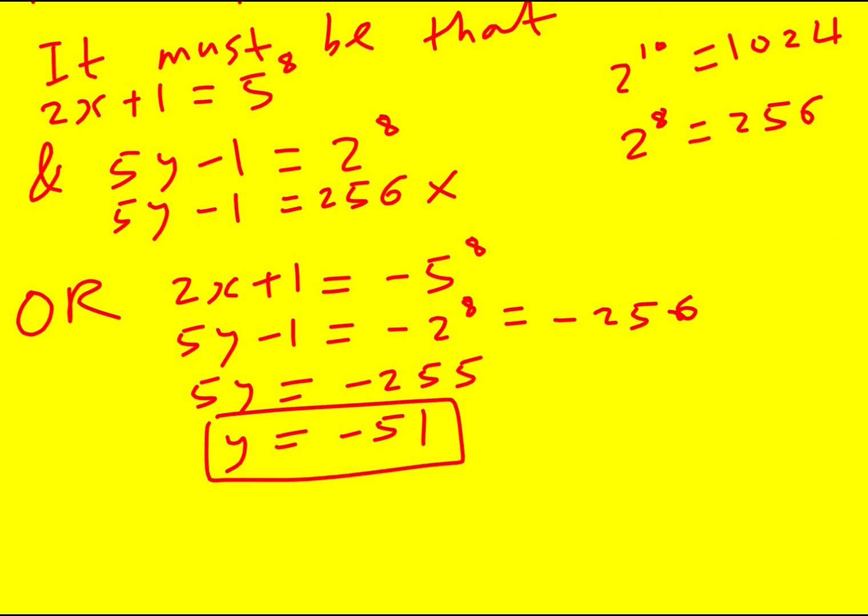We're left to work out x. So 2x is going to equal minus 5 to the 8 minus 1, and x is going to be minus 5 to the 8 minus 1 over 2.